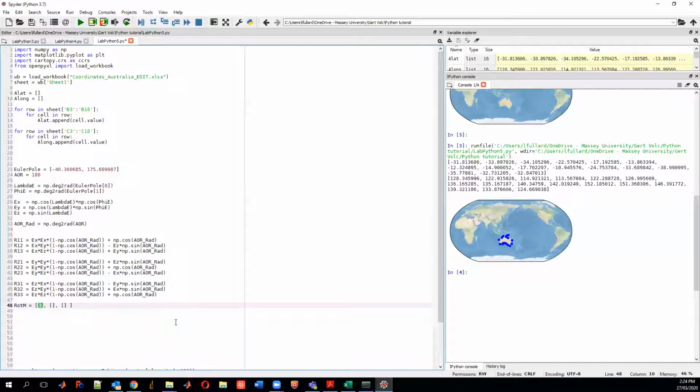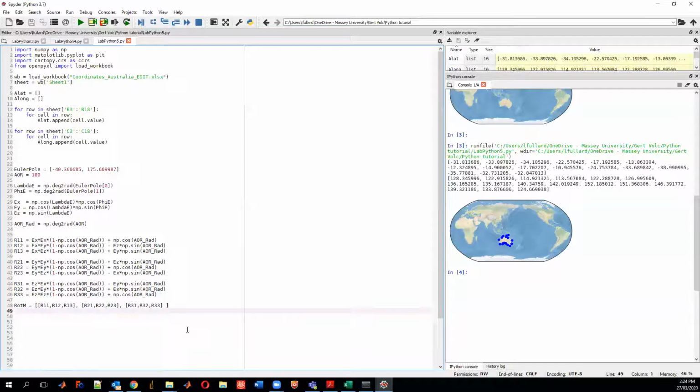So here I'm going to put R11, R12, and R13. So this is row 1, R21, R22, R23. So now this is row 2. And R31, R32, R33 gives me row 3. Fantastic. Okay, so now I have my rotation matrix.